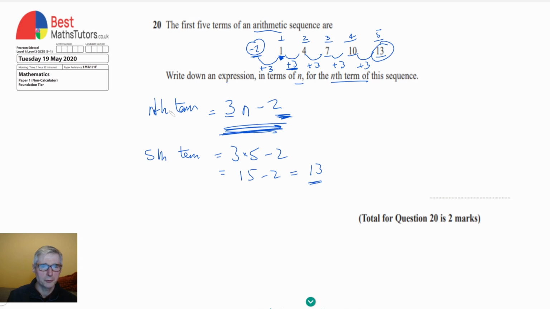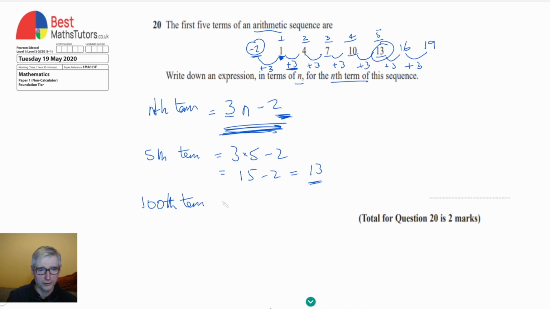And this formula becomes very useful if we're asked to find something like the 100th term, because we wouldn't want to be continually adding 3 on and going on forever. That would take a very long time. We could get there eventually, but it would take us a long time.